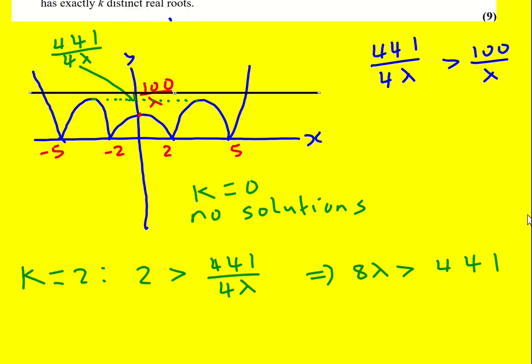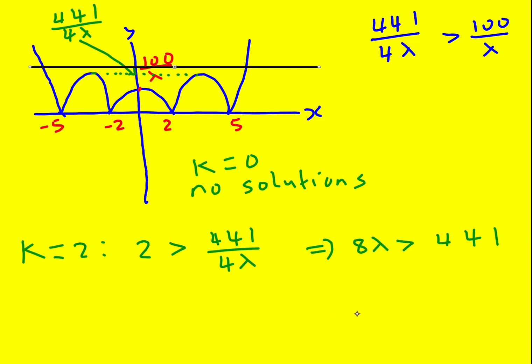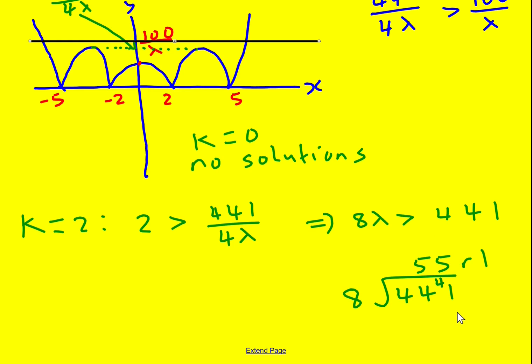So if we do a short division, 8 into 40 goes 5, remainder 4. 8 into 40 again, remainder 1. So lambda has to be greater than 55 and 1/8.